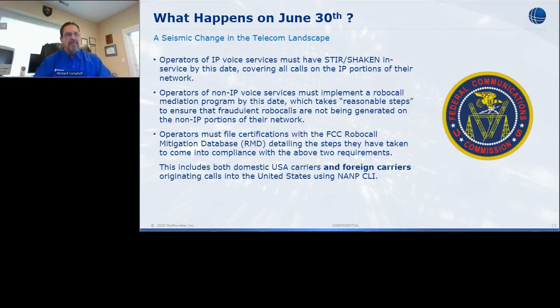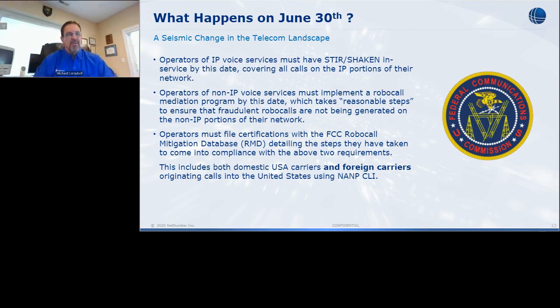So let's look at June 30th, 7 days from now. What happens on that date? I have listed this as a seismic change in the telecom landscape because we're suddenly bringing the security of our telephone network back into the modern age, where previously we had been depending on the reasonably closed and highly secure nature of the older TDM networks.